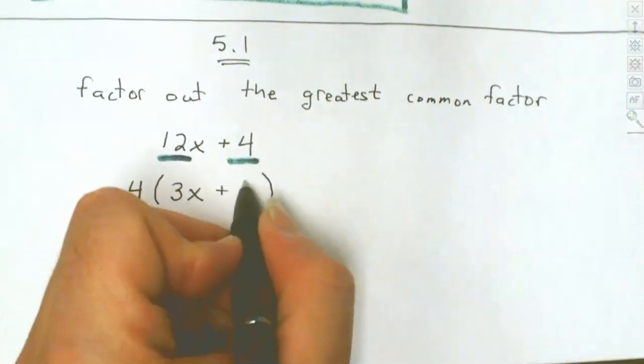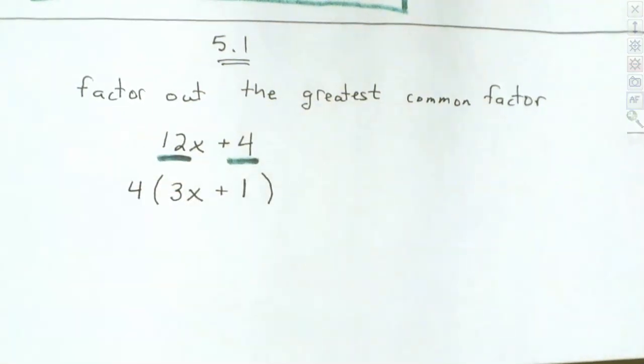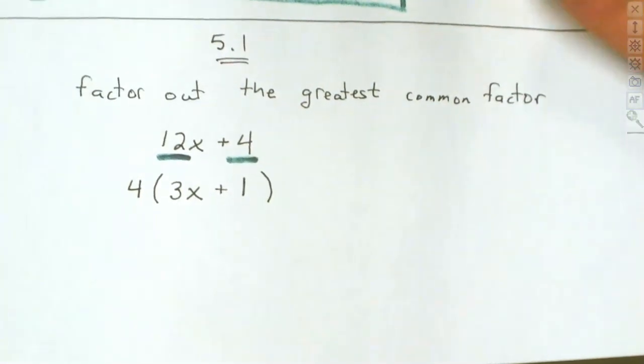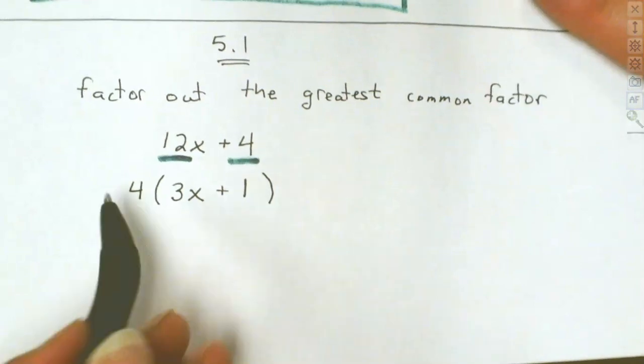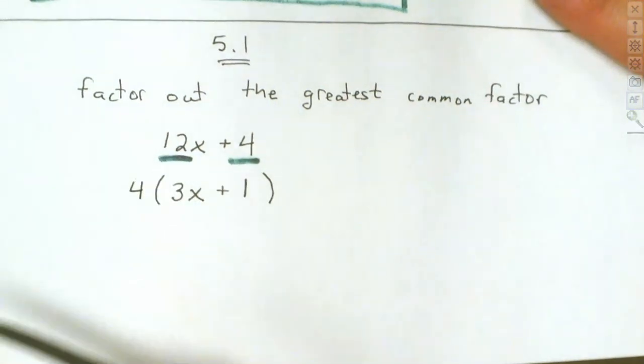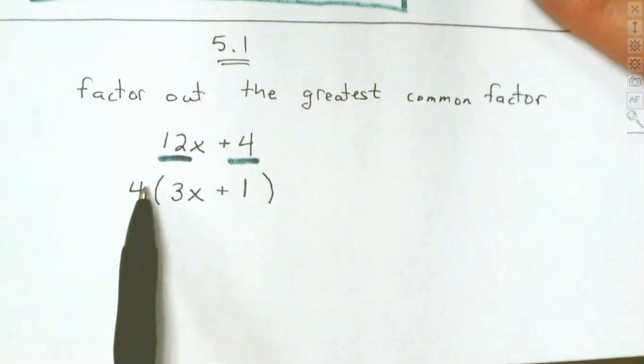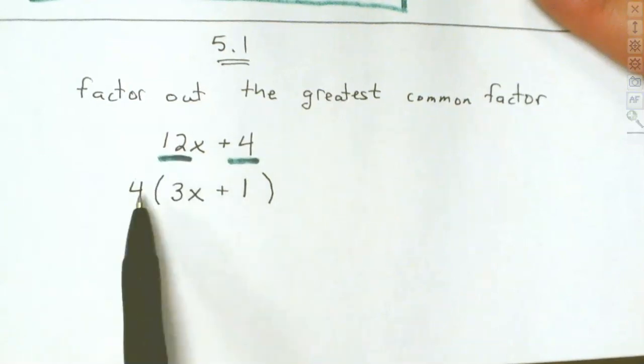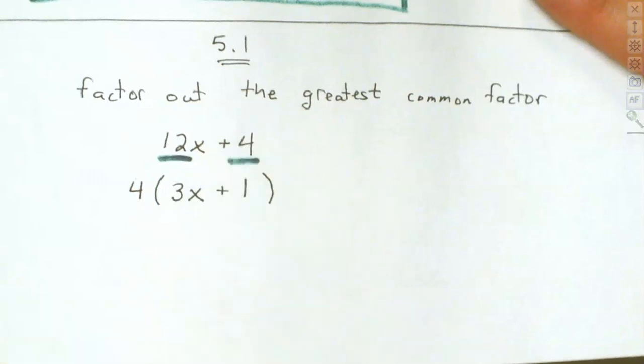So that would factor into a 4 out in front and 3x plus 1 inside. We're just learning the very basics. If you distributed that 4 through, it would give you the same result, because 4 times 3 is 12x there, and 4 times 1 is 4 there.